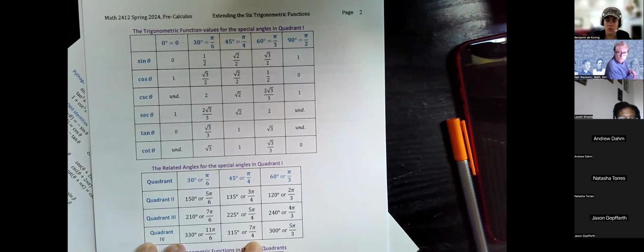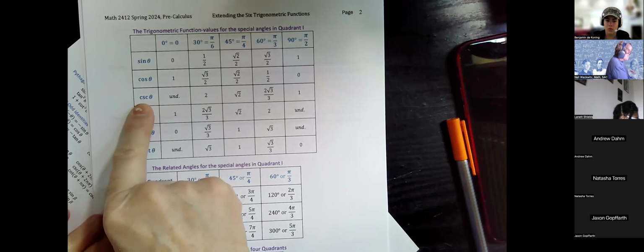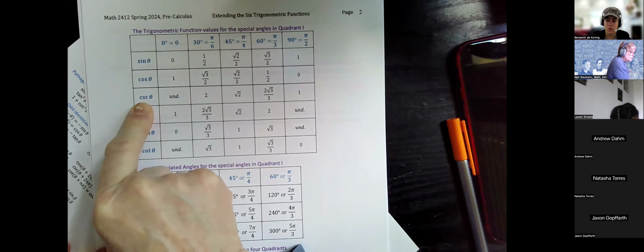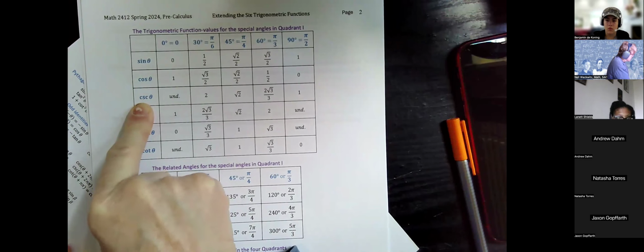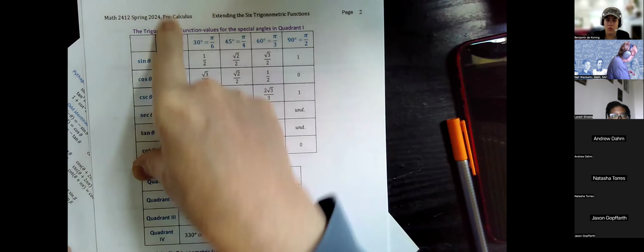Why would something be undefined? Why would cosecant ever be undefined? It tries to divide by 0. That's right. Cosecant is 1 over sine, so if the sine is 0, it'll be undefined. And which other trig function has sine in its denominator?